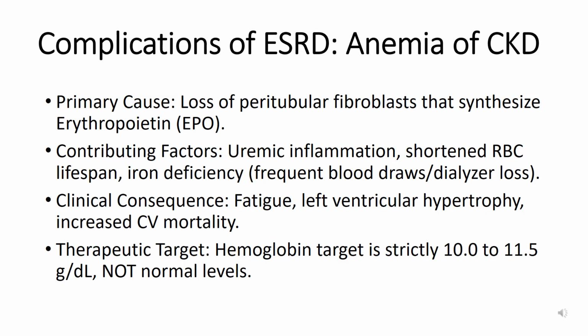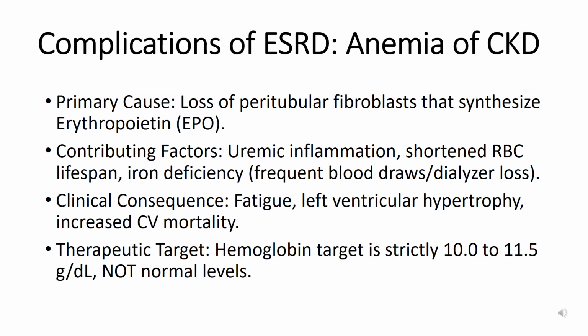Erythropoietin signals the bone marrow to produce red blood cells. In end-stage renal disease, these cells are damaged or destroyed. As a result, erythropoietin levels fall dramatically. The bone marrow becomes understimulated. Red blood cell production declines.